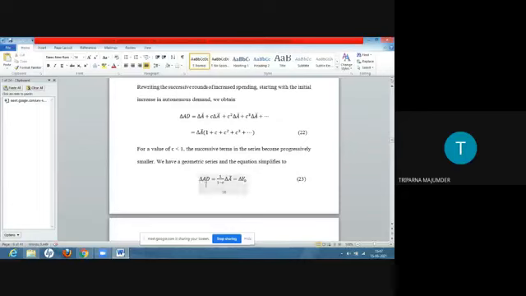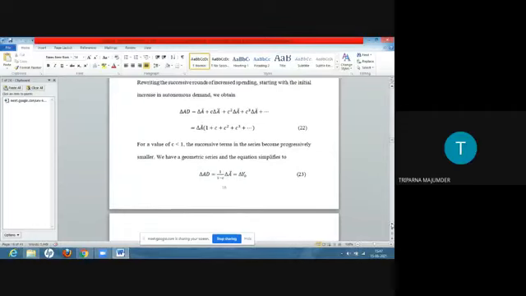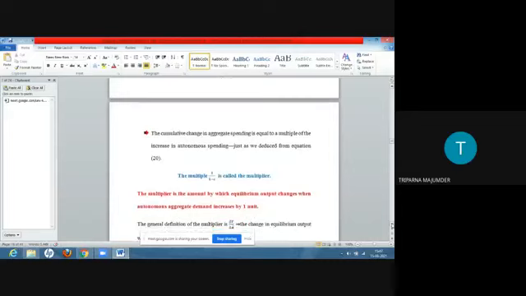So delta AD, or change in autonomous expenditure, is equal to 1 by 1 minus C delta A bar, which is equal to delta Y0. The cumulative change in aggregate spending is equal to a multiple of increase in autonomous spending, just as we deduced from the earlier equation.